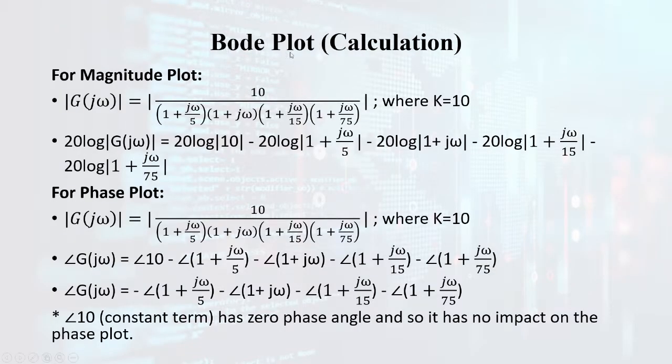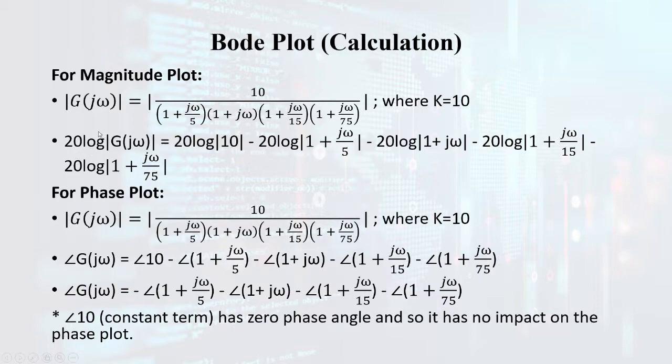To calculate the Bode plot, the first part is the magnitude plot. First, G(j omega) is equal to 10 over 1 plus j omega over 5, 1 plus j omega, 1 plus j omega over 15, and 1 plus j omega over 75, where the K is equal to 10.